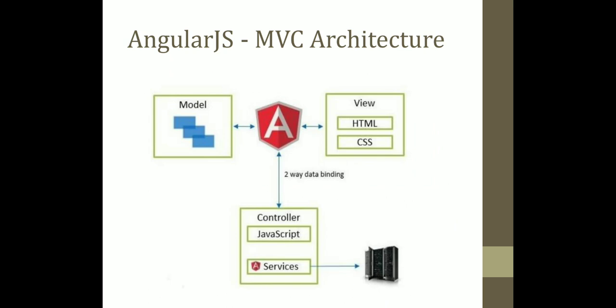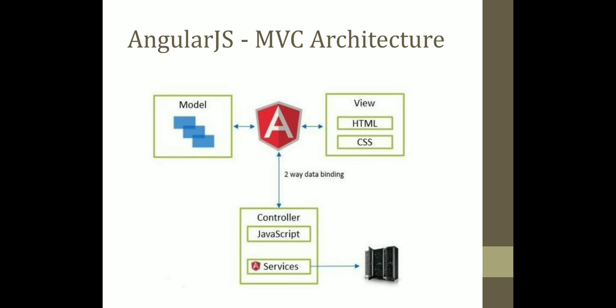So model, we can see the architecture is made with these three components. So model is containing the data, the view part is containing the HTML and CSS. So basically view part is for displaying of data, so it is using the HTML and CSS. Okay, that we have seen how HTML and CSS can be used for display of data.